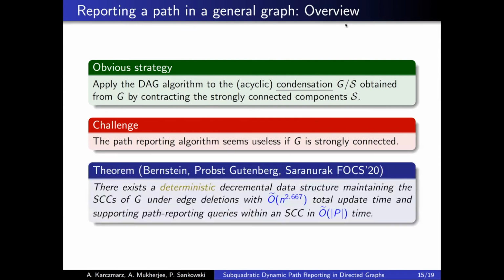But fortunately, we have the following algorithm due to Bernstein, Probst Gutenberg, and Saranurak, that there exists a deterministic decremental data structure maintaining the strongly connected components of G with order n to the 2.667 total update time, which supports path reporting queries within an SCC in order length of the path time.